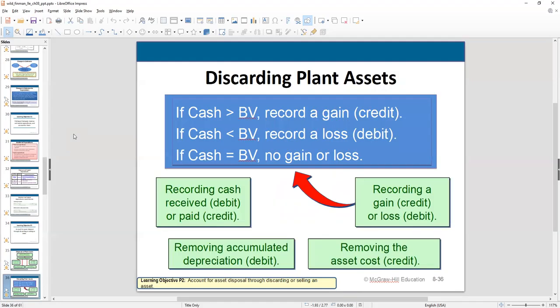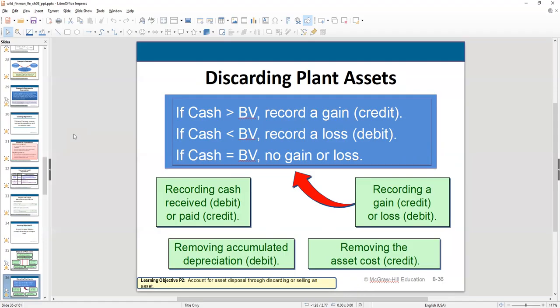So if we get more cash for an item than what we carried as a book value, it's a gain. We have shown a book value of $1,000 for salvage. We sell it for $2,000, we have $1,000 gain. If in fact we only get $500 when we take it to the metal recycler, and we carry it on the books as $1,000, then we have a $500 loss. What are we going to do if we have a gain?